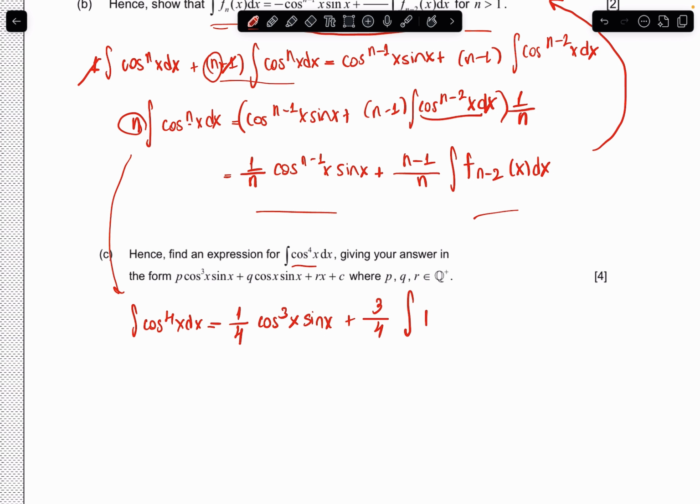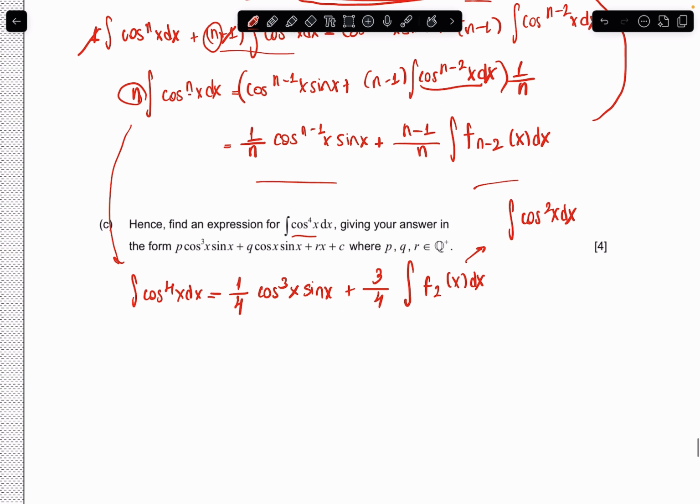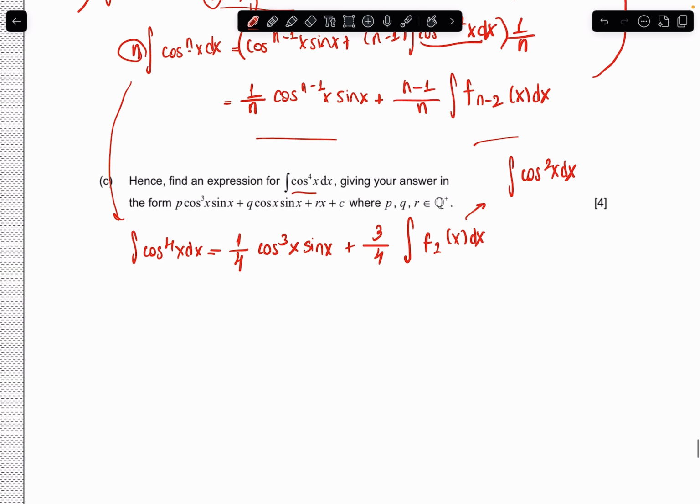And this part is going to be f sub 2 x dx, which basically means the integral of cosine squared x dx. So we're going to write it in that way. And then this is going to be equal to cosine cubed x sine x, and I'm going to write 3 over 4 and open up a parenthesis because we're going to have to write this in a suitable way too.